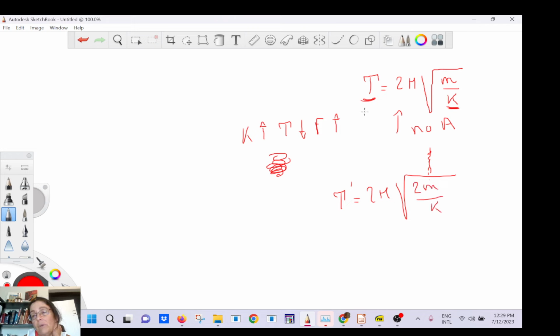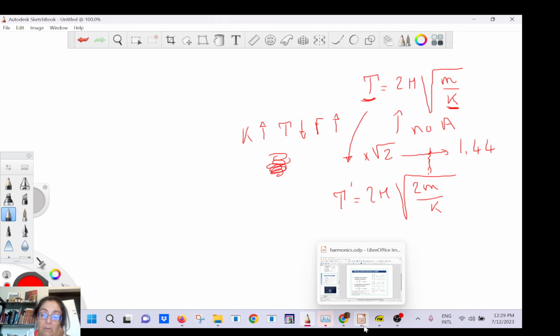So if you compare this one to that one, that means the new period will be larger, and it's multiplied by square root of 2. And square root of 2 is about 1.44. So it increases by a factor of 1.44.